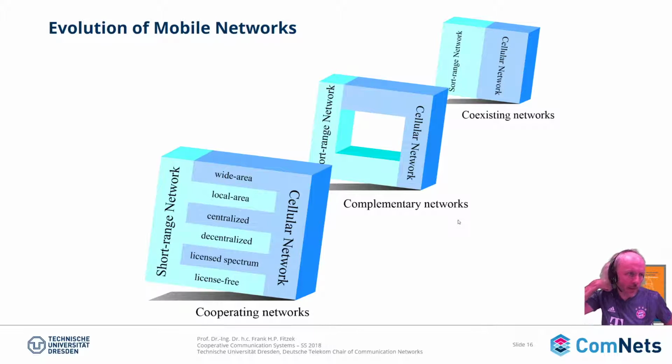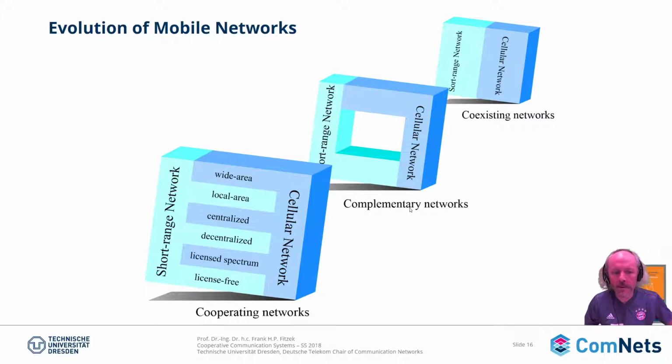And if you look at the evolution of mobile networks, in the beginning you had, in the back you see, short-range communication and cellular networks with some type of coexistent networks, right? So they were there both together, but they did not know that they were there. And in the next stage, there are complementary networks where you say, they could somehow work together in one way or the other.